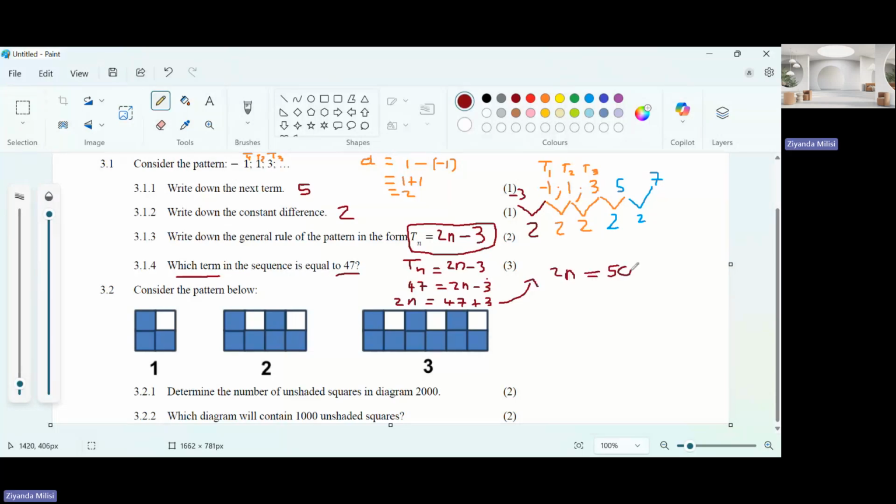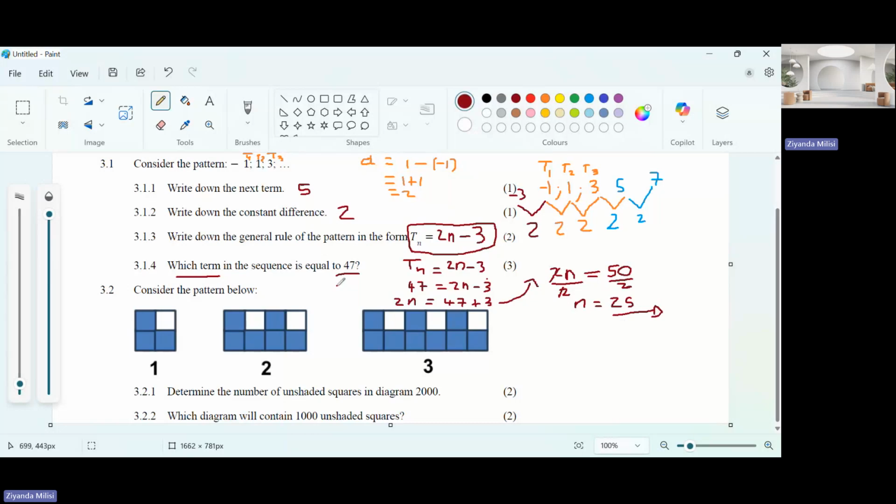Remember, we don't want 2n, we want n. So how do we get rid of that 2? We divide by 2 both sides. This will cancel this and you'll be left with n. 50 divided by 2, that's 25. So n is 25, which gives the value of 47.